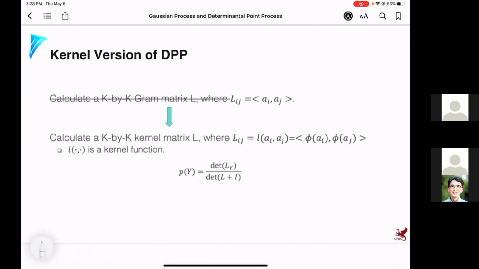But this can be easily extended to a kernel function. Whatever kernel function we like, we can use that to define the corresponding entry in our gram matrix. So we can get a different L. From this different L, just following the whole setup, we get the kernelized version of DPP.